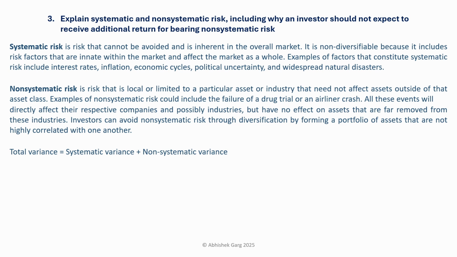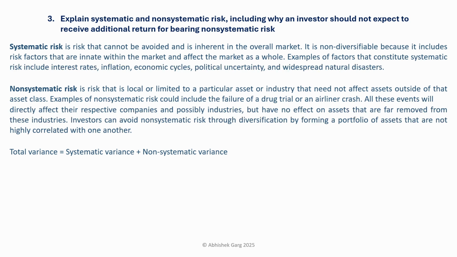These events directly affect the respective companies or possible industries, but have no effect on assets that are far removed from these industries, which means if something significant is happening in the pharma industry, it may be the case that it doesn't impact the airlines industry or vice versa. So these are called the non-systematic risk.